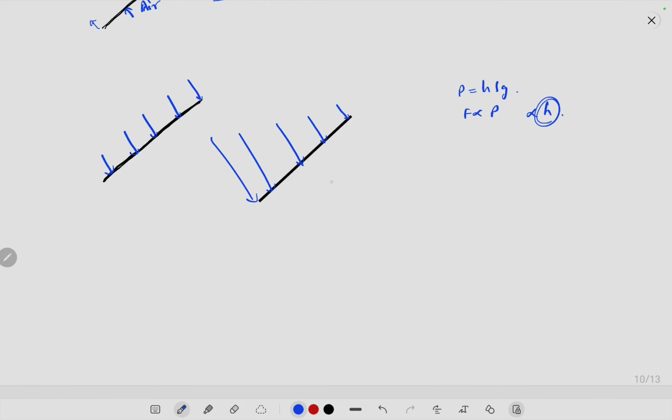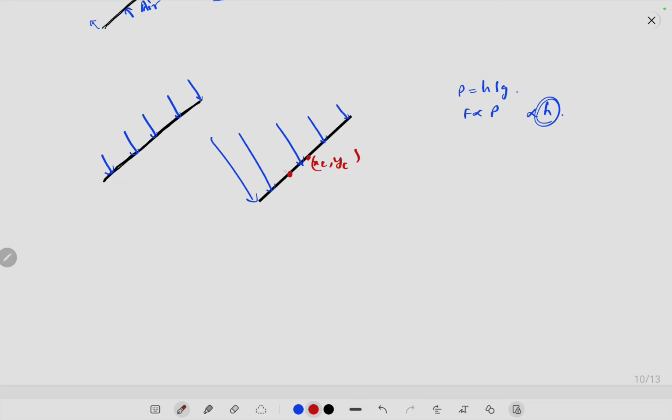Instead, if you think geometry carefully, if this was my xc, the coordinates of the centroid xc, yc, then since the force is increasing as we are increasing the depth, the center of this force will actually be somewhere down. So it would be somewhere, let's say here.